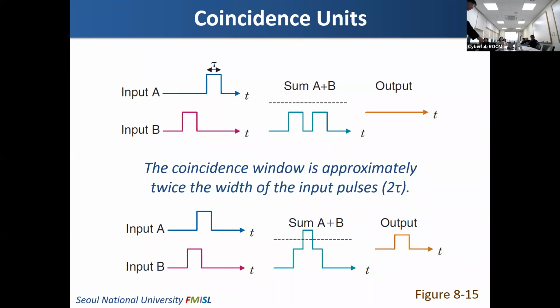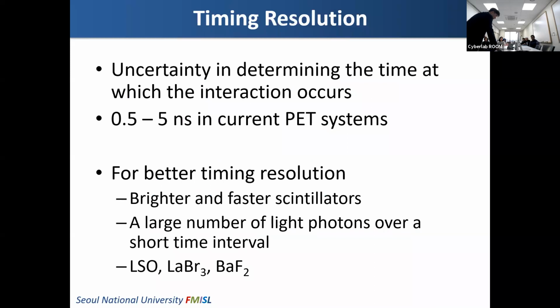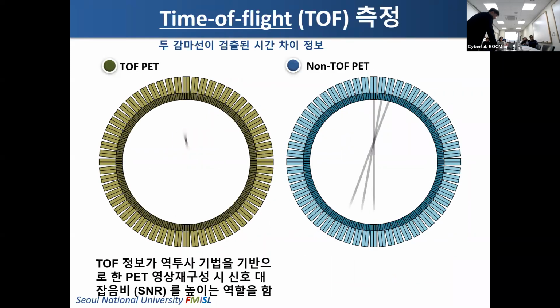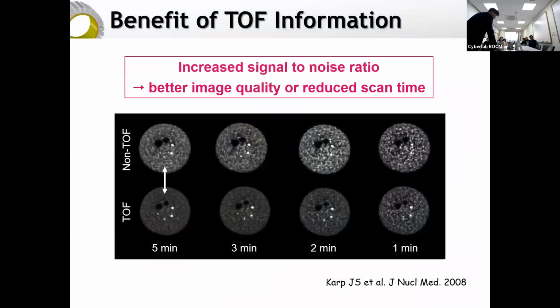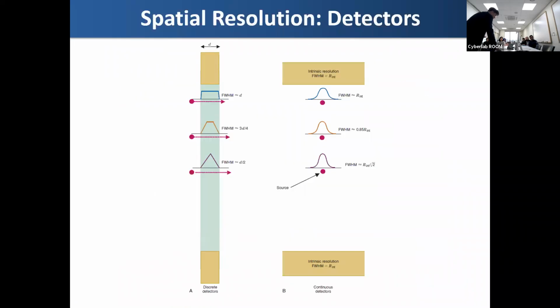Then let me move to some other physics. Let me now move to the dominant factors that determine the spatial resolution. Because we detect coincidence events, the in-principle resolution depends on the position, that is, the distance from the center.